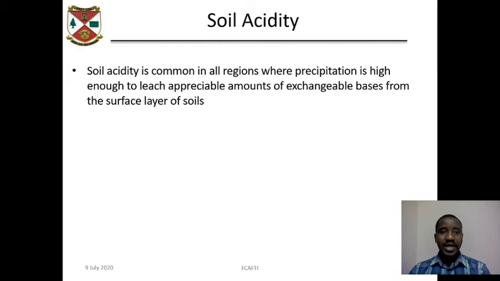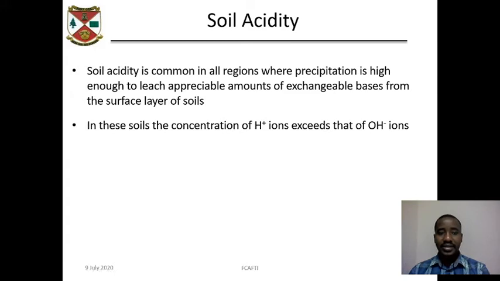So soil acidity is common in all regions where precipitation, that is rainfall, is high enough to leach appreciable amounts of exchangeable bases from the surface layers of soils.